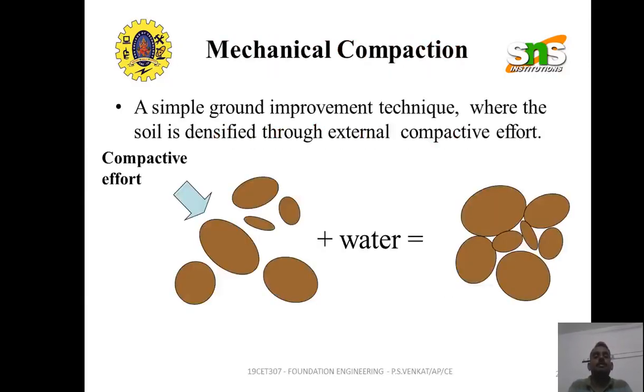Mechanical compaction is a simple ground improvement technique where the soil is densified through external compactive effort. So we are applying external energy to the soil particles along with water so that the soil rearranges to a densely packed media.